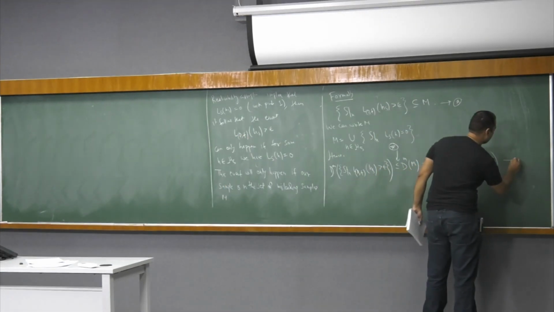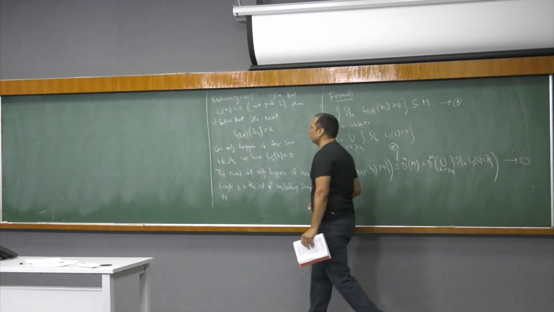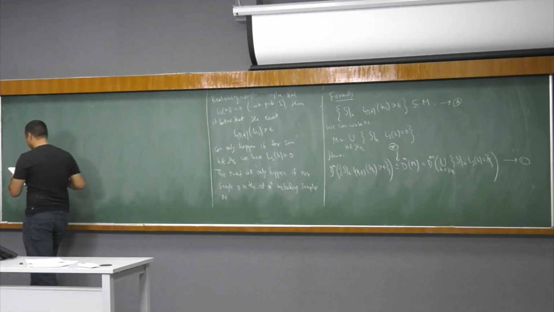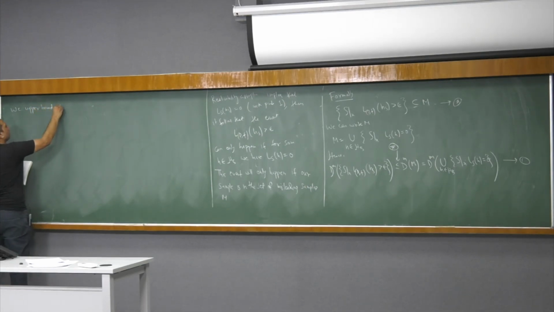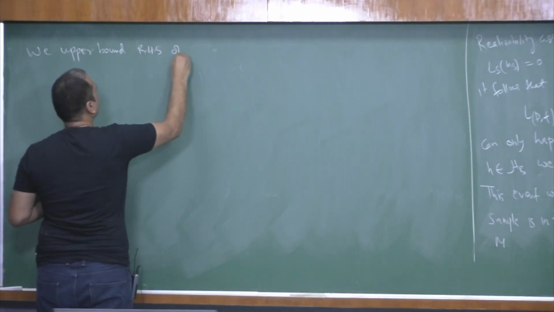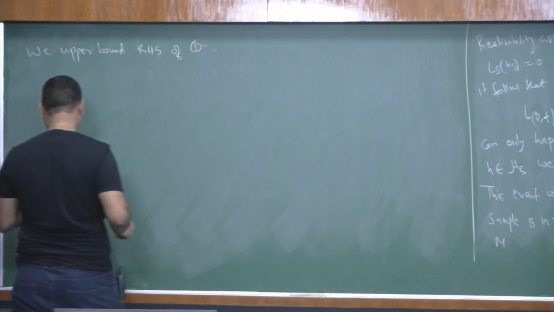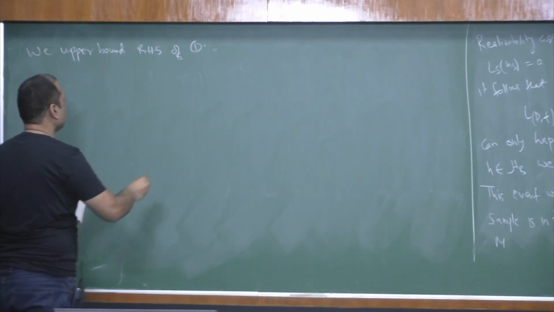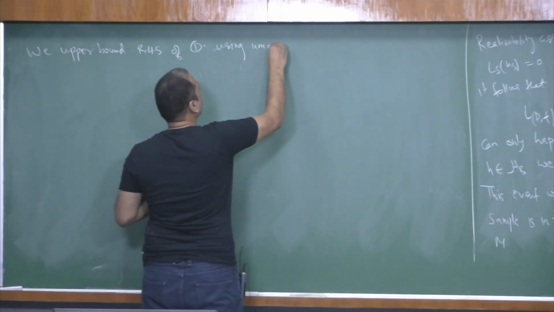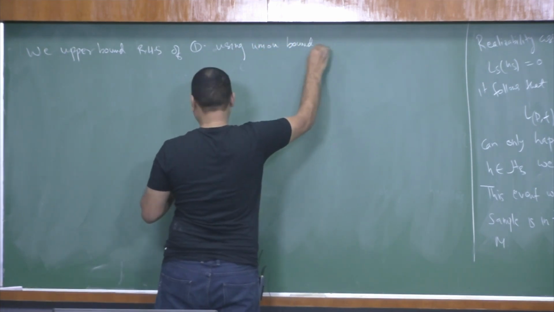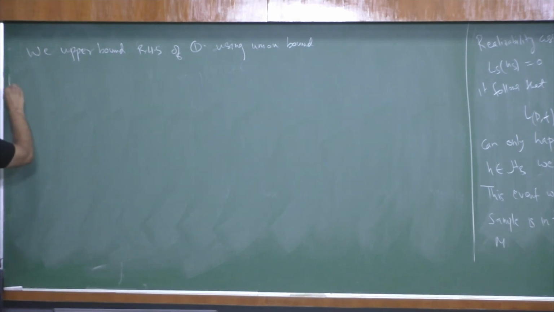So let us say this is our equation 1. We upper bound the RHS of 1 using the union bound. Let us recall the union bound.